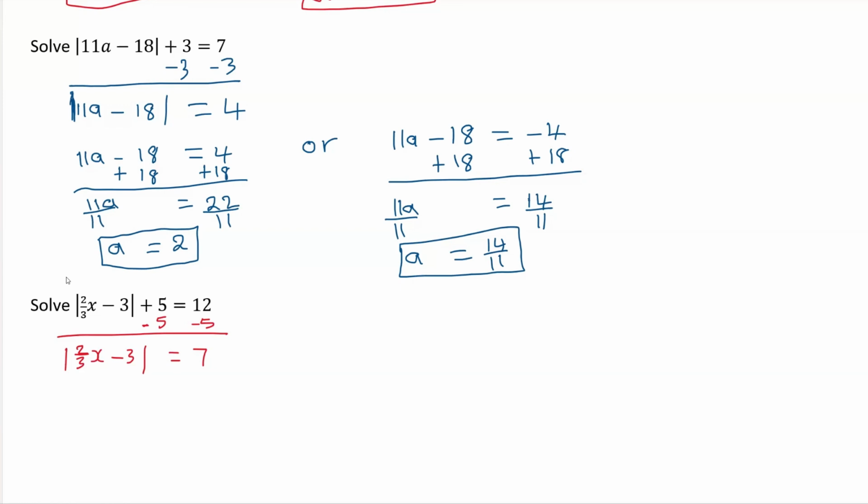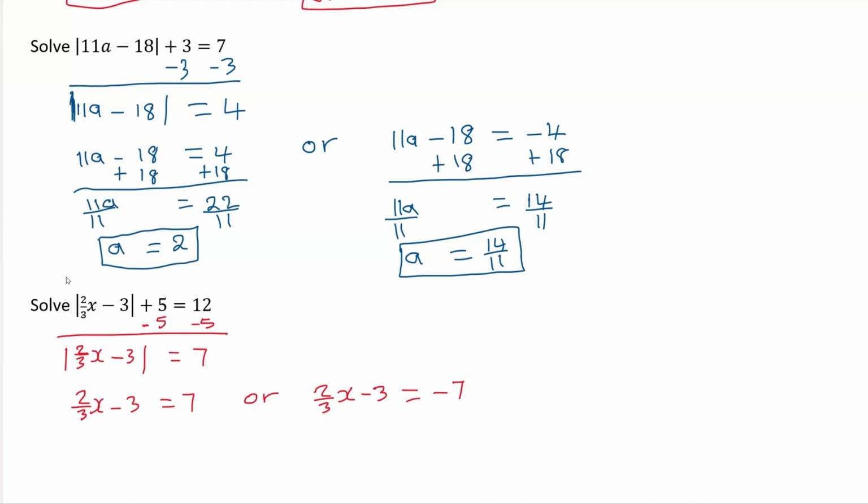So that means we have 2/3 x minus 3 is 7, or 2/3 x minus 3 is -7.